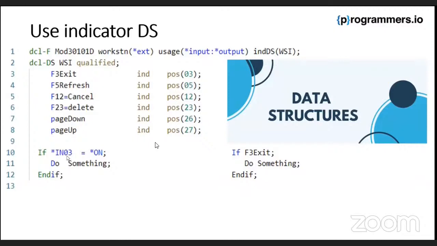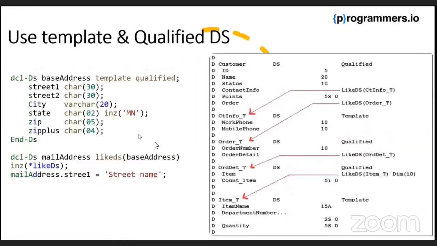Here we have written an example for that also. Instead of IN03 I'm using F3 for exit, and it looks good. You can see that also, and it is very helpful in RPG 3 and RPG 4. So we always use data structure INDARA, and it is the keyword for that.